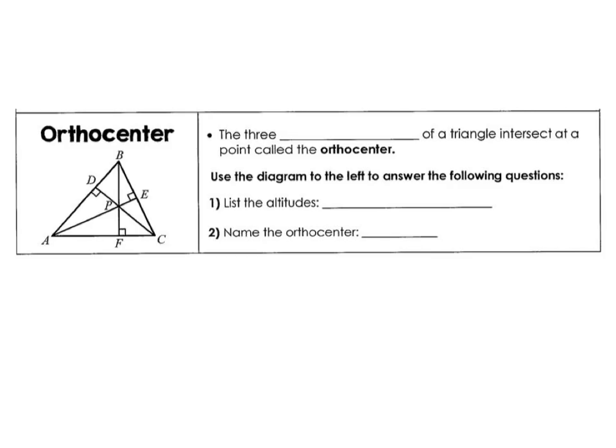All right, so orthocenter. The three altitudes of a triangle all intersect at a point called the orthocenter. So using our diagram on the left, we want to answer some questions. We want to name all the altitudes. So if we're looking at here, we know P is our orthocenter, and from the vertex to where it would be perpendicular, so BF would be an altitude.